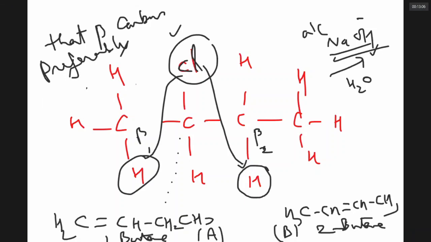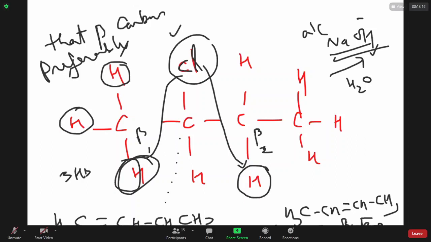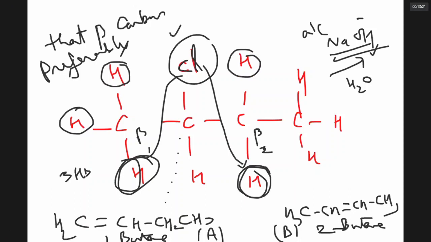This beta carbon 1 is having 1, 2, 3 hydrogens. The beta carbon 2 has 1, 2 hydrogens. So which carbon has less beta hydrogens? Beta 2. Beta 2 carbon has less hydrogens.